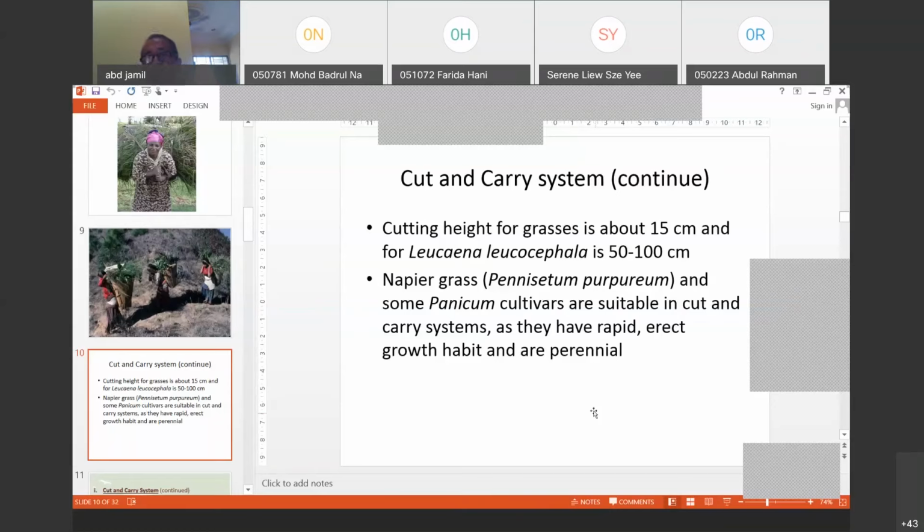And it will not go erect, see, it will fall down. So it's not that easy to cut. But if you cut it regularly at young age, yes, when the stem is still upright, then you can still cut it quite easily using the bush cutter.